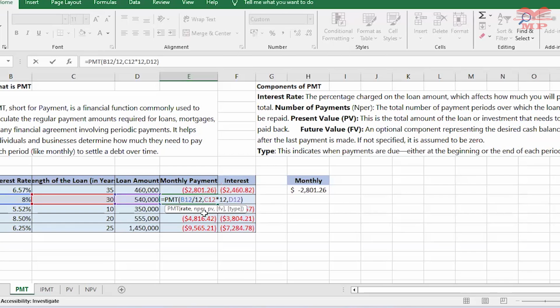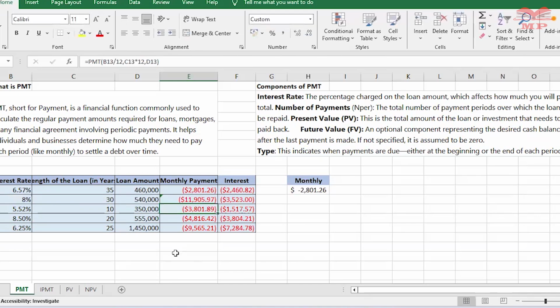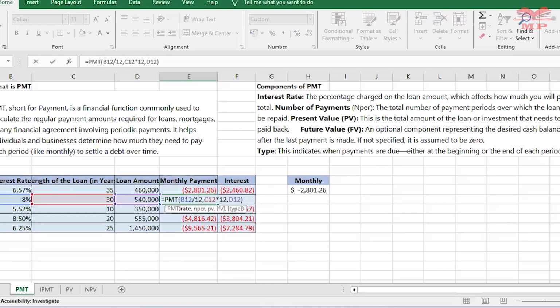The rate, you would have to divide by 4 if you are paying every quarter. And the payment periods would change. This would also be every quarter if you are paying quarterly. Yeah, if that makes sense. So that would impact the amount you're supposed to pay every quarter. If you look at it, it's a bit of a larger amount, right? So I hope this is clear.